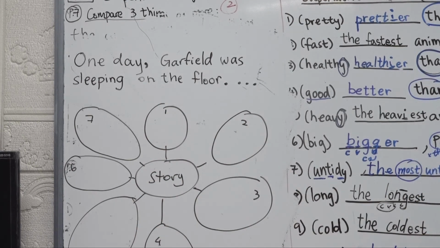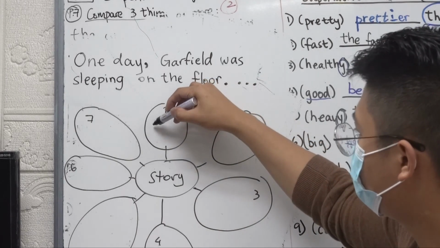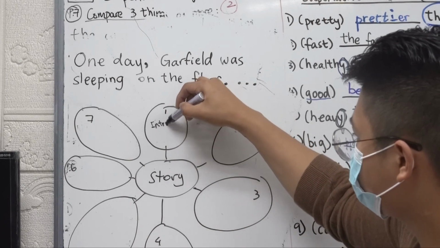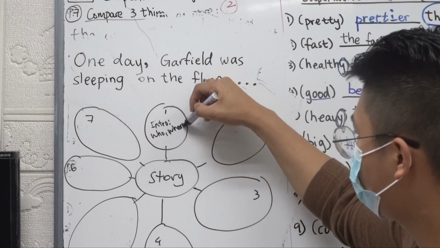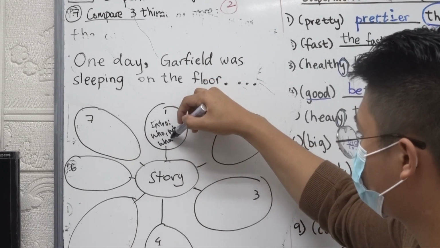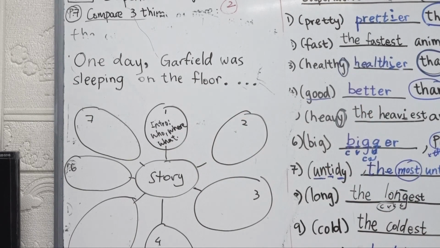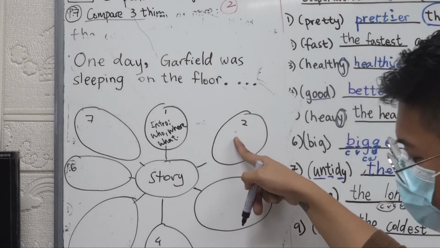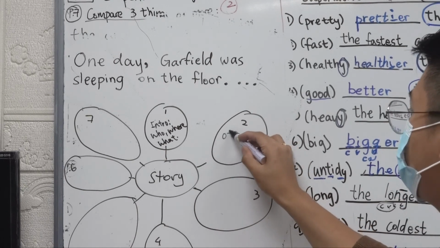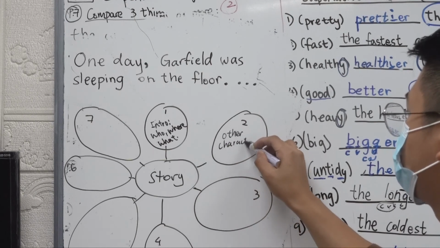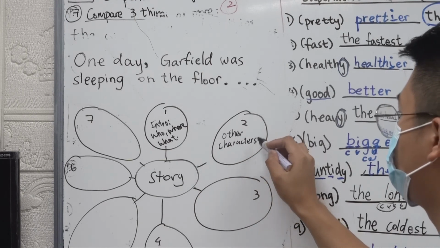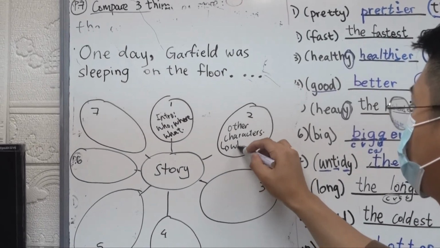So for picture 1, we talk about who. So introduction. We have who, where, and what are they doing. And then for picture 2, you can say other people, or other characters and what they said.